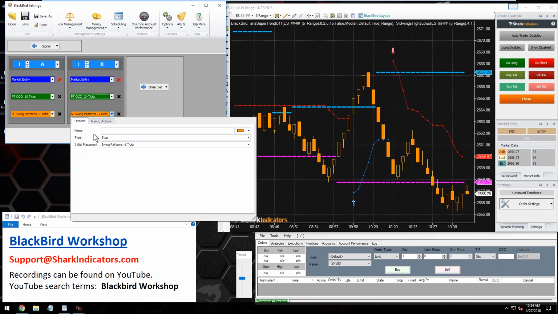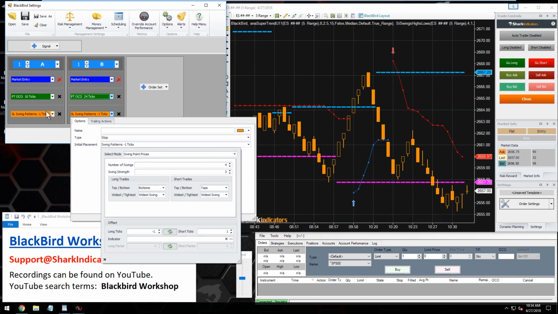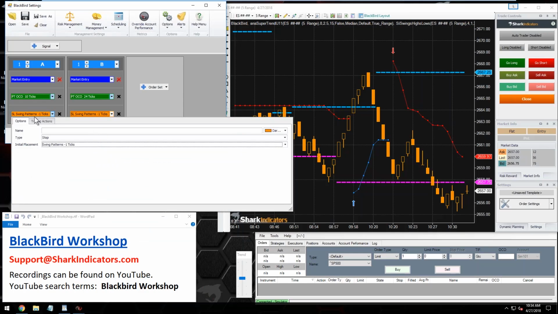But with the stop loss for target 2, our initial placement of the stop loss is at the swing points, just like with the first order set.